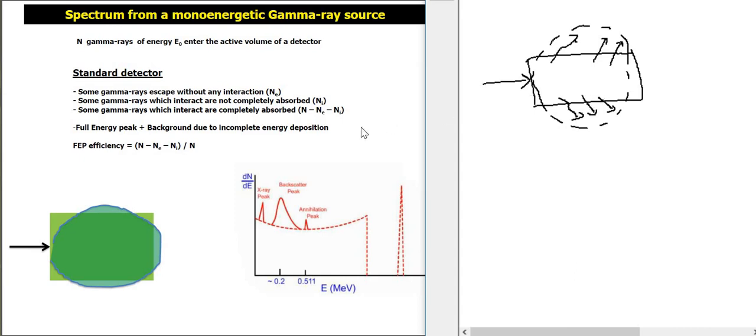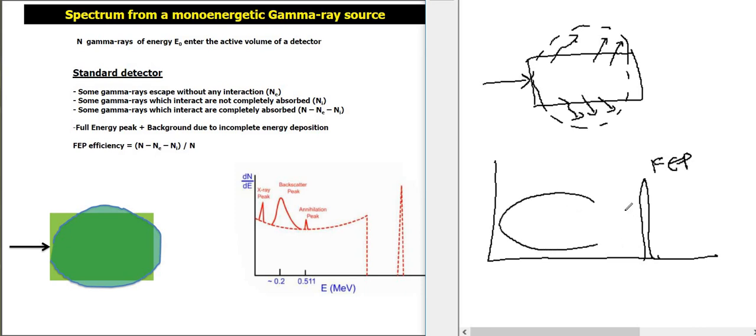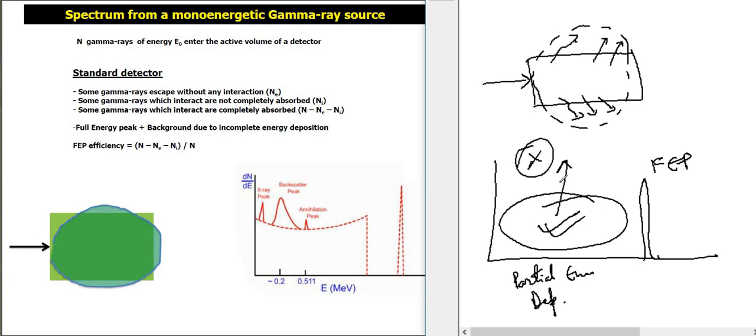There will be some gamma rays which escape, and as a result we observe this. Previously we were observing only the full energy peak, but now there will be a lot of stuff in this region, and this is all due to partial energy deposition. And remember, this is unwanted, we didn't want it, but there is nothing we can do. This is the way it is, and this is all part of the background.